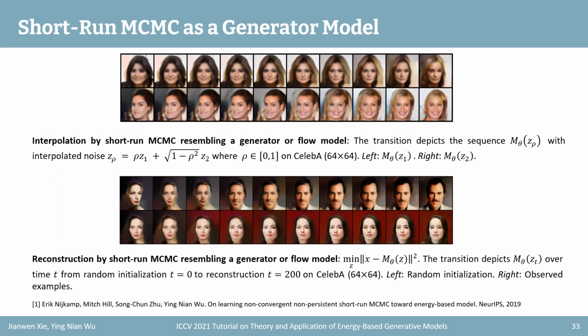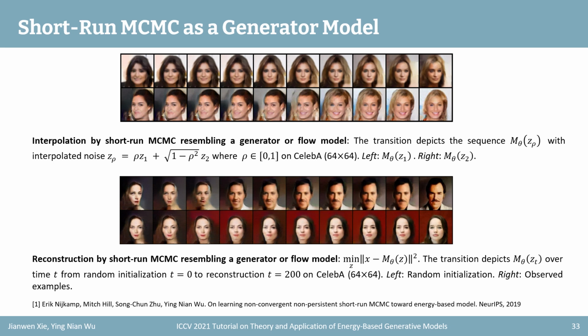As we mentioned before, the short-run MCMC can be considered a latent variable model or generator. Therefore, it can be used for reconstruction or interpretation. In the top figure, we show that with the short-run MCMC generator, we can find latent variable z for each image and perform linear interpolation on the latent space.